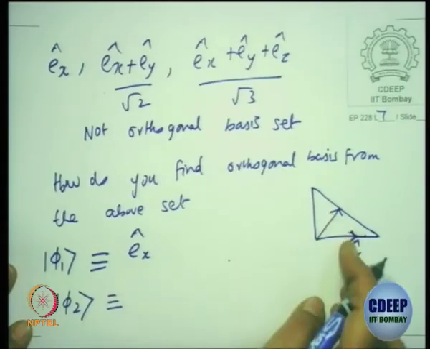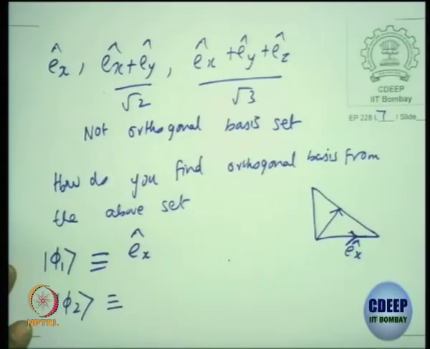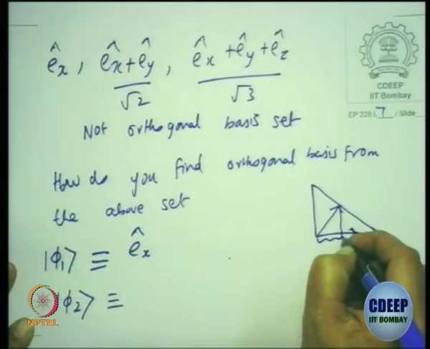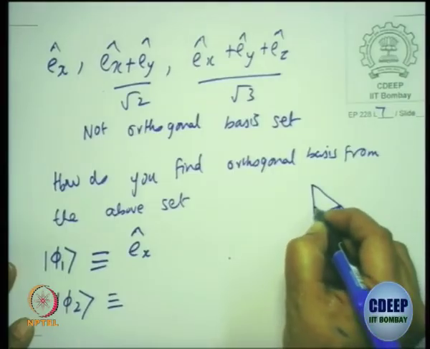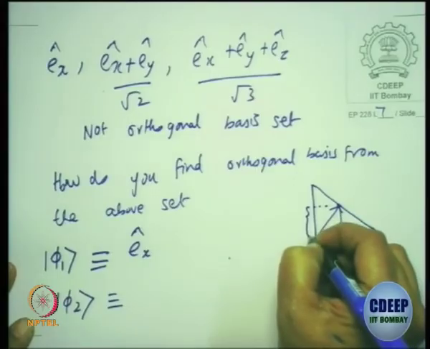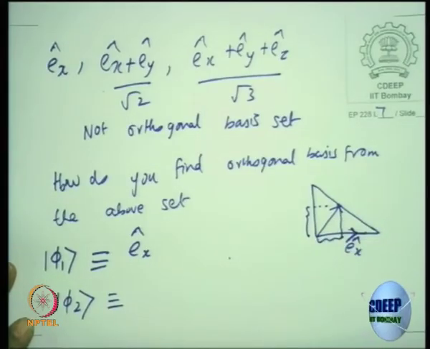The second one is making an angle of 45 degrees with the first one. But I want to make it orthogonal. How do I do it? Take the projection of that vector in this direction, subtract it out, and what you get will be this piece. So let's write this in this notation, phi 2.